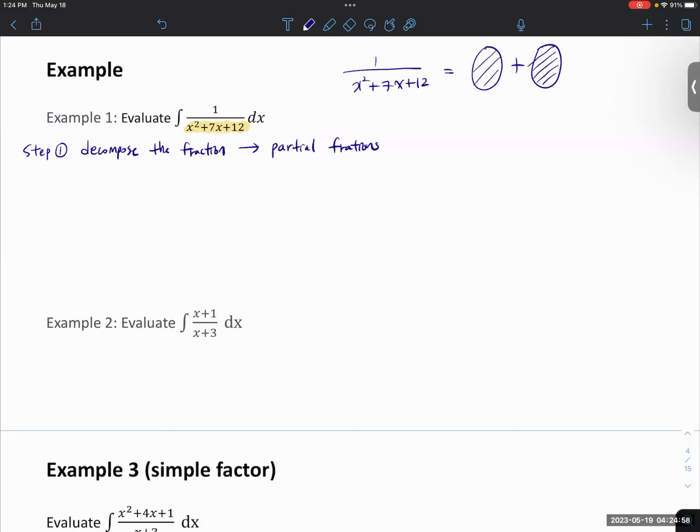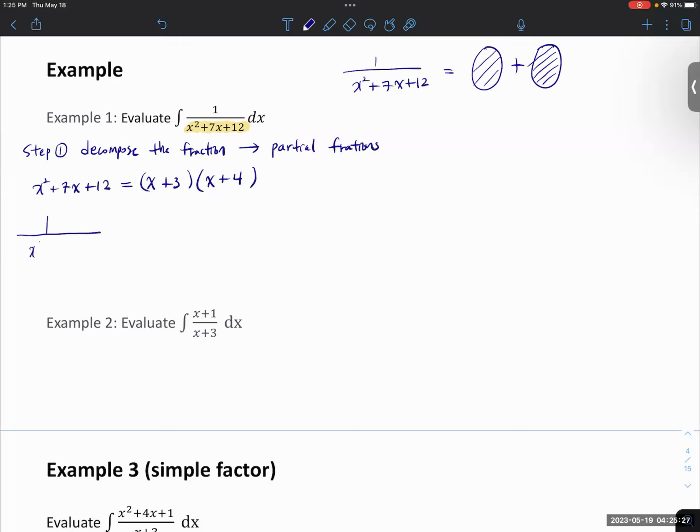So step 1 is to find the factors. x squared plus 7x plus 12: you can find the 2 binomial factors, x plus 3 and x plus 4. These are the binomial factors of the denominator. Let me ignore the integral for a second, because I'm going to find the partial fractions.